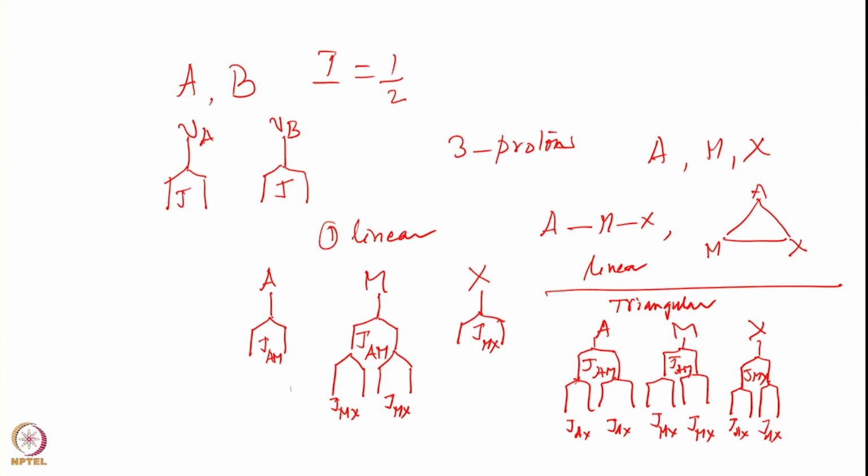Typically one understands this in terms of the energy level diagram. Energy level diagrams can be drawn in a simple way, so let me draw the energy level diagram here for you.